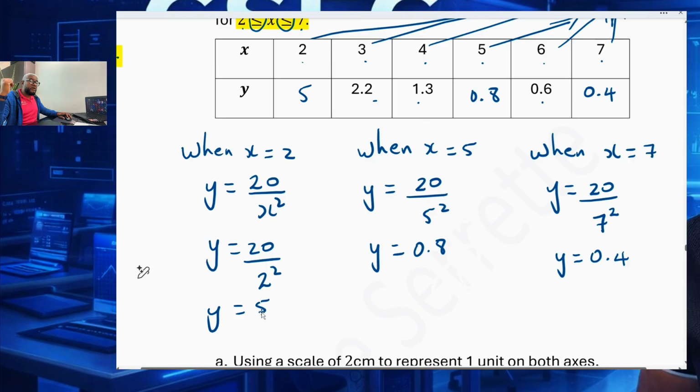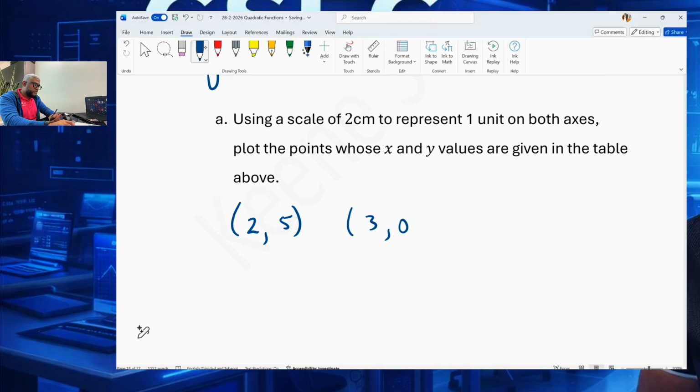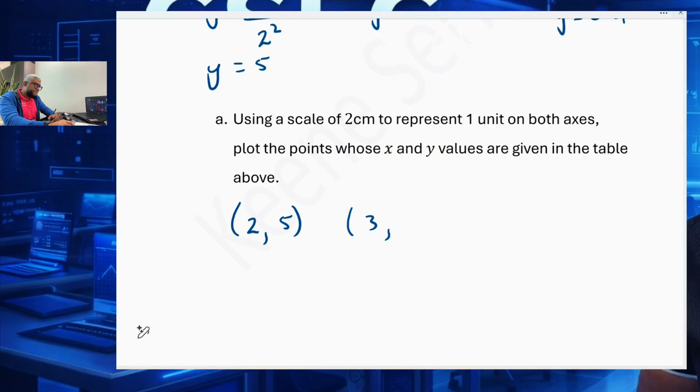What are the coordinates of x and y in the first column? It's 2, comma 5. What are the coordinates for the second column? 3, 2.2. Okay, that's fine. Next. 4, 1.3. Next. 5, 0.8.